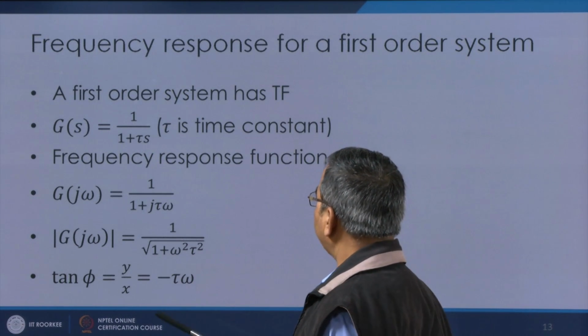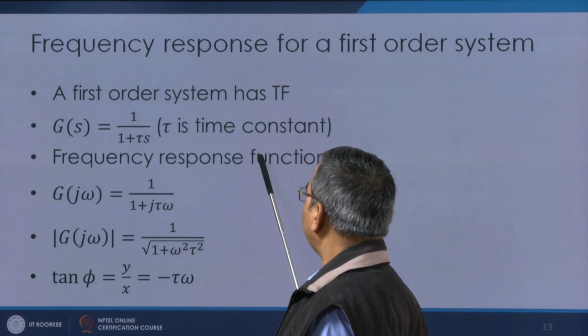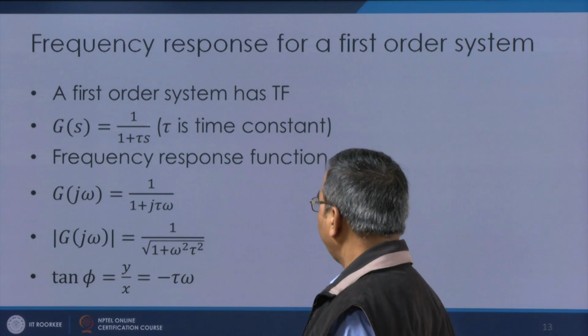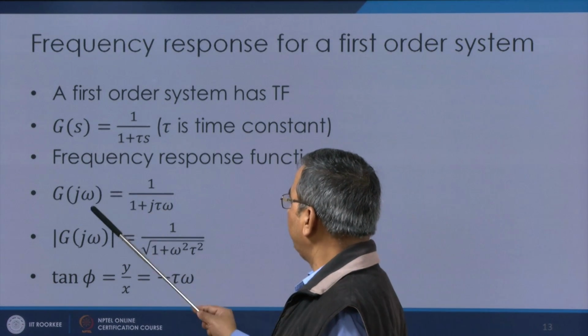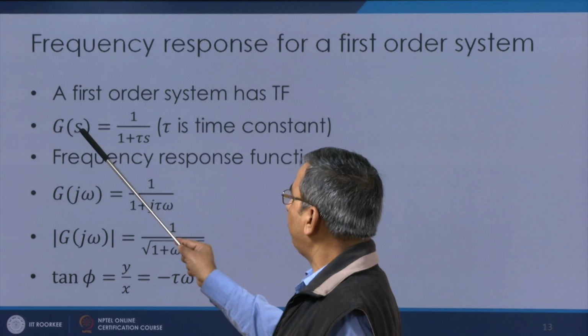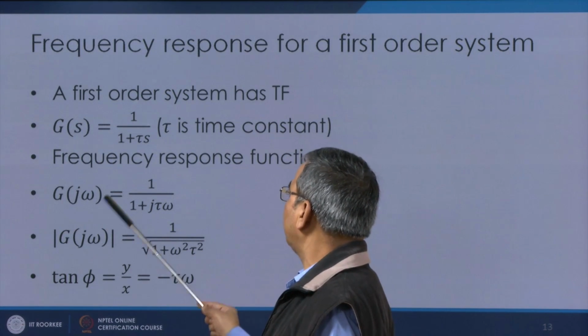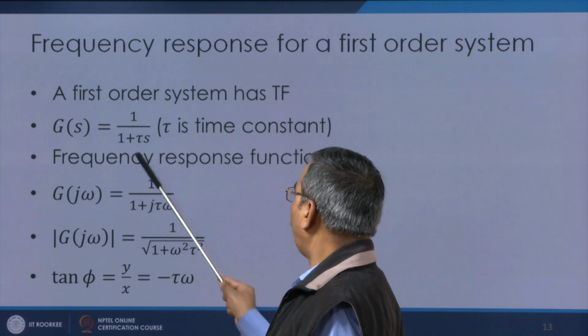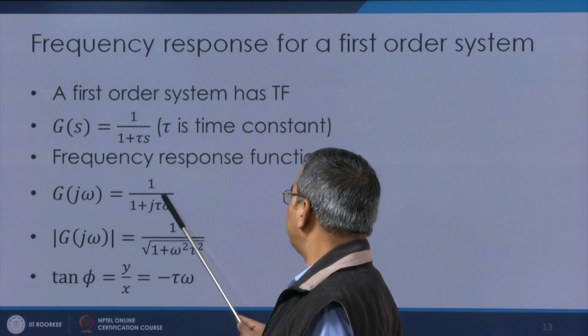Now what we are interested in is finding out the frequency response function. So the frequency response function for this case will be, we are replacing this s by j omega. So G of j omega is equal to 1 by 1 plus, s being replaced by j omega, and tau, so j tau omega.